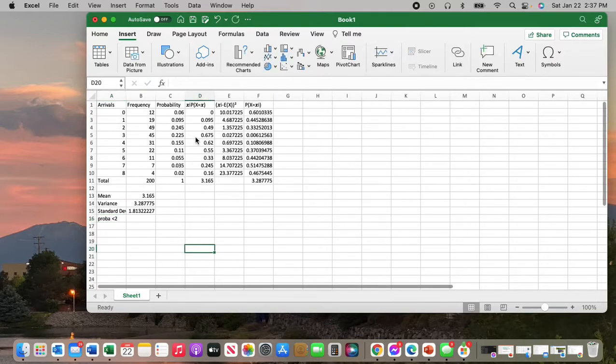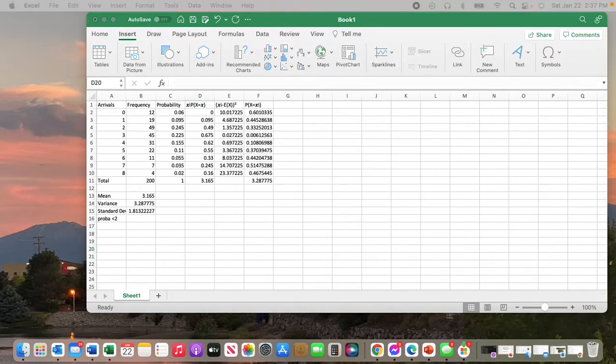What we need to do in order to do that is really simple. All we have to do is add the probability of 0 arrivals plus the probability of 1 arrival. If we add those two, that will give us the probability of having 1 or 0, which is less than 2. Or you can do the probability of 1 and subtract all of this, and that will give you the same number.